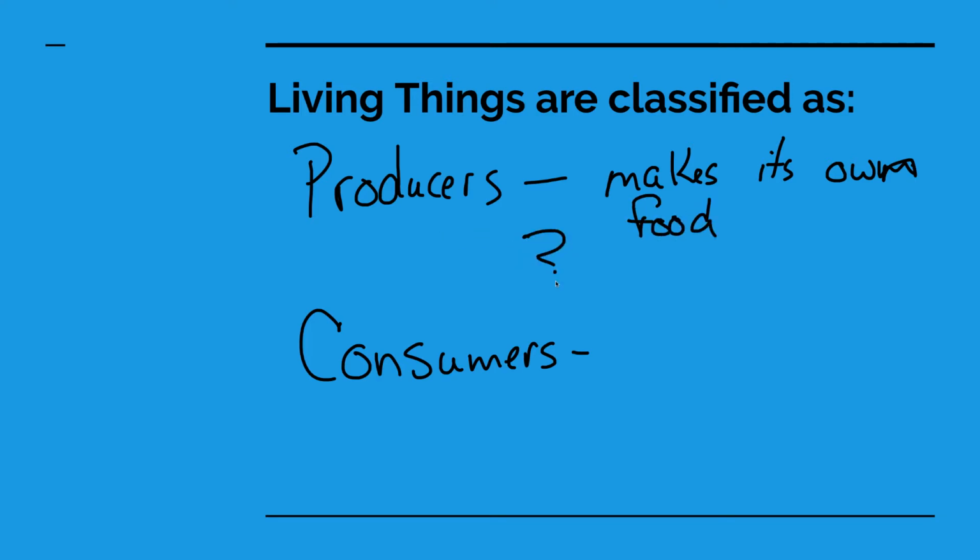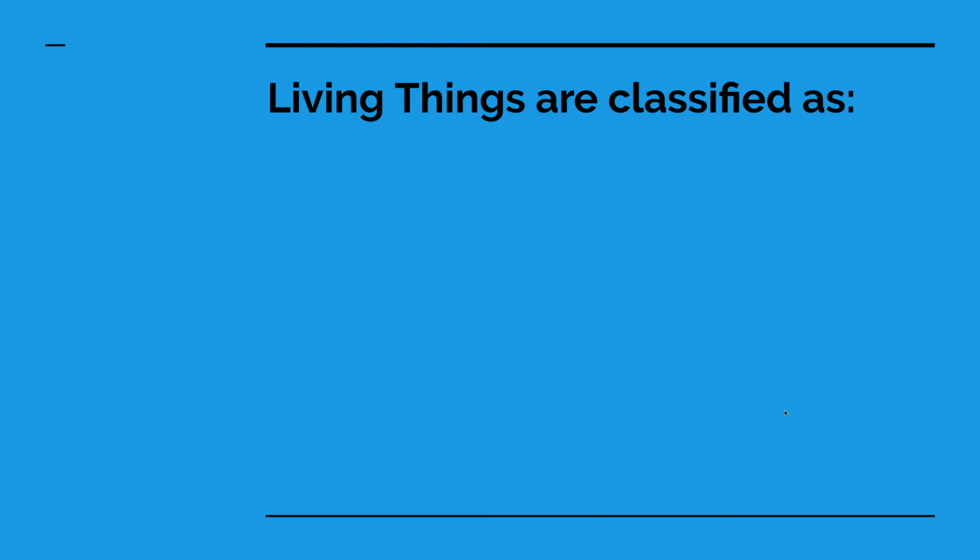What kind of things out there make their own food? Consumers are living things that cannot make their own food. And so they must eat something else. We would be consumers.